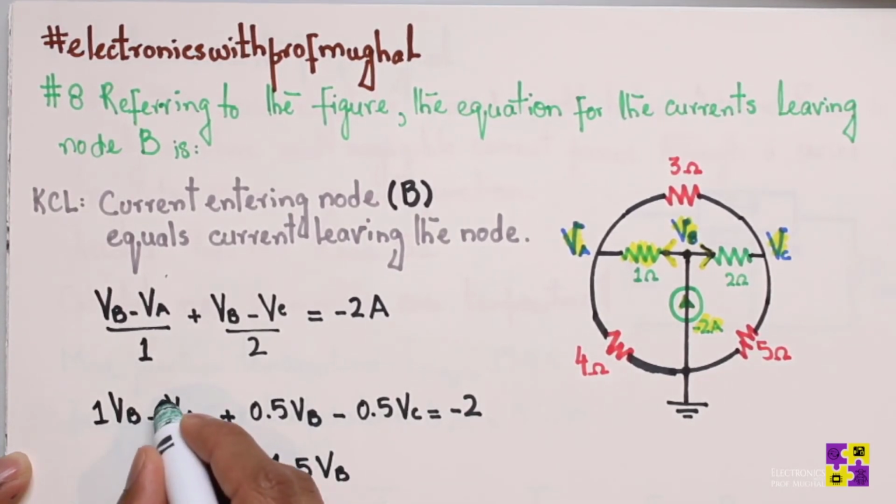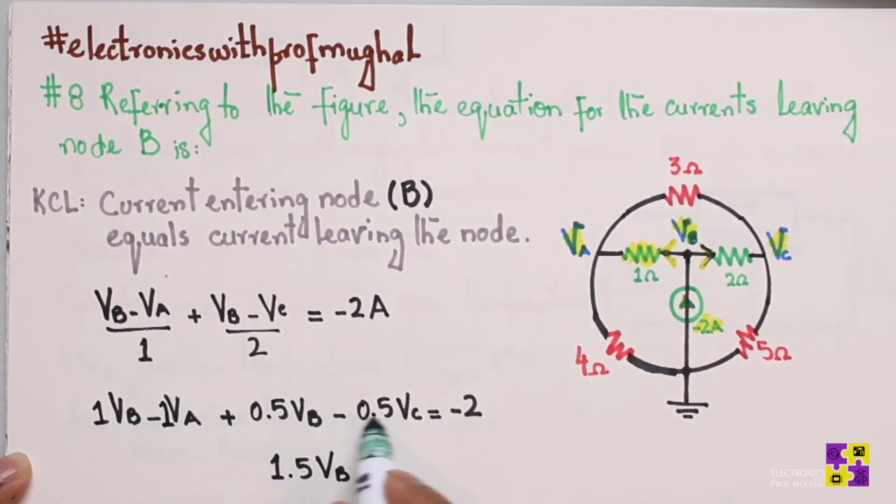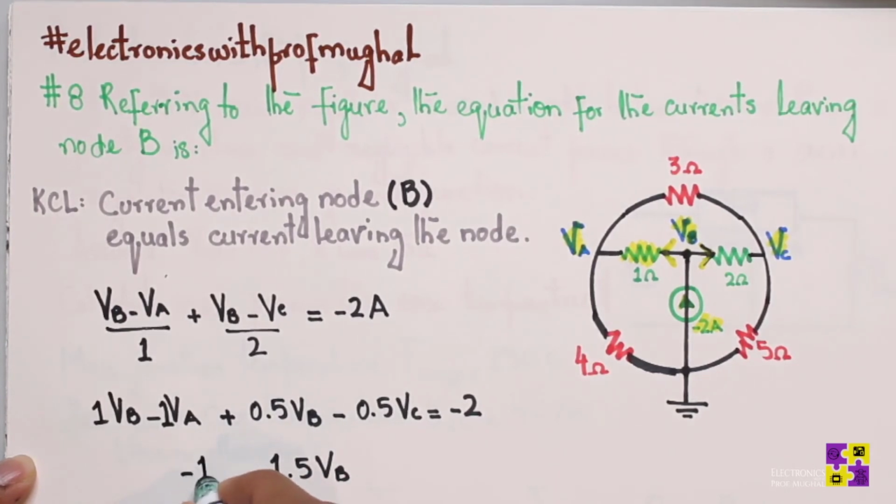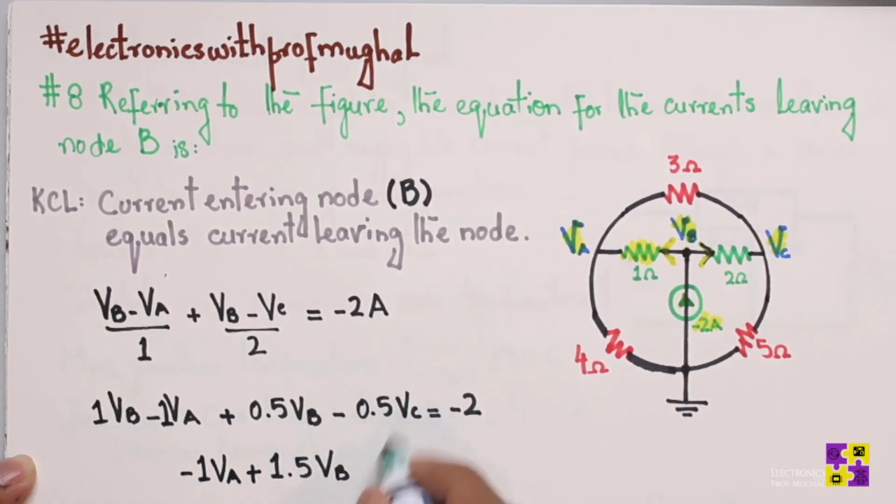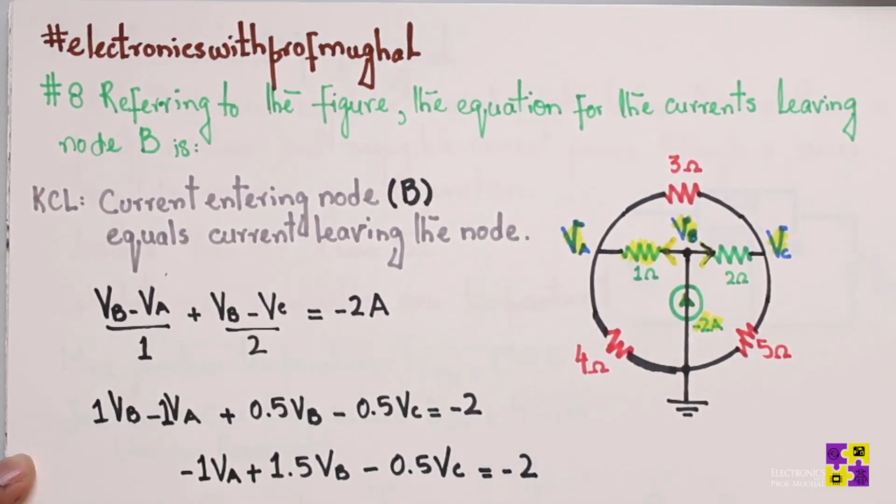And for VA, we only have negative 1 VA here, so this will be just negative 1 VA, and then we have negative 0.5 VC equals negative 2, and that's the equation we were looking for.